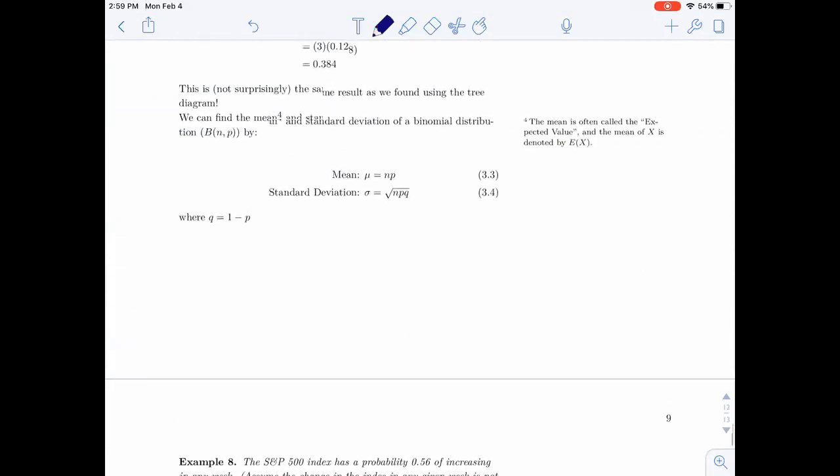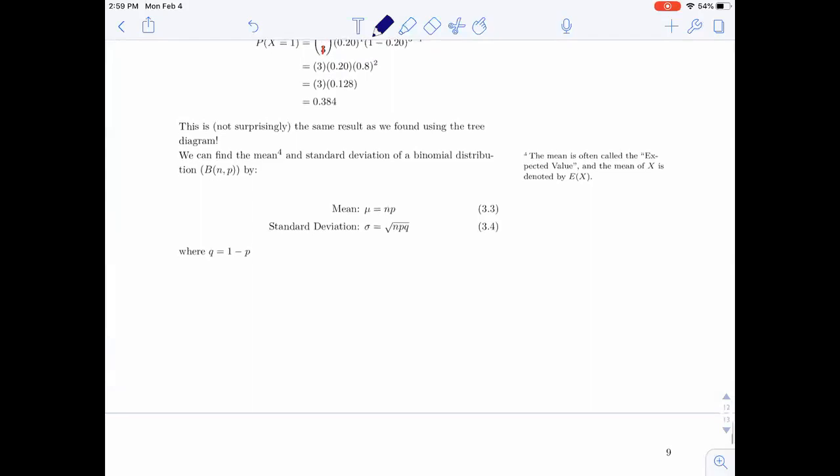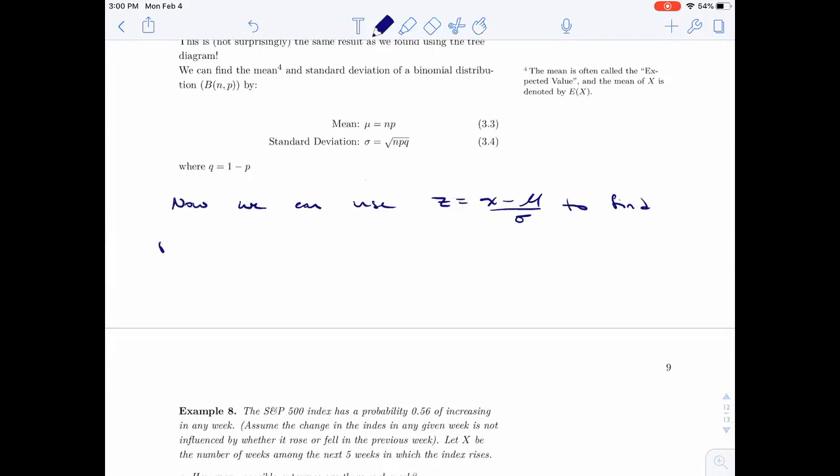So here, I've got it on there, but now we can use z is x minus mu over sigma to find probabilities for binomial distributions.